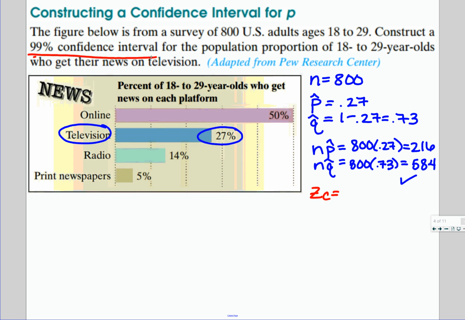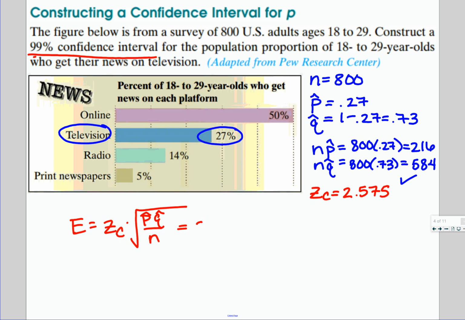So you're looking for 0.99, and you should see 2.575 is the critical value of z that we're using. Okay. So the margin of error formula is the critical value of z times the square root of p hat, q hat over n.